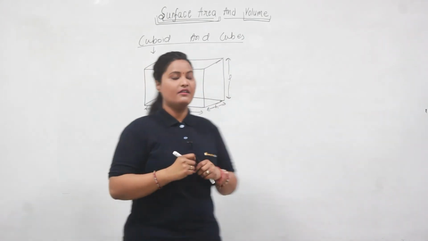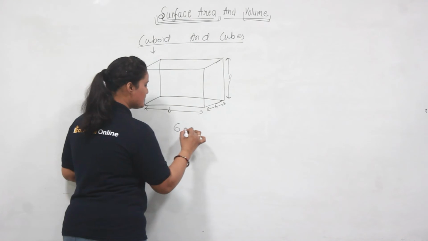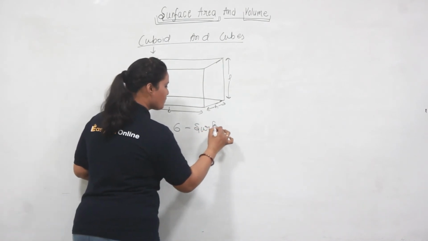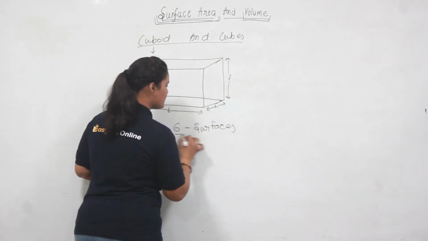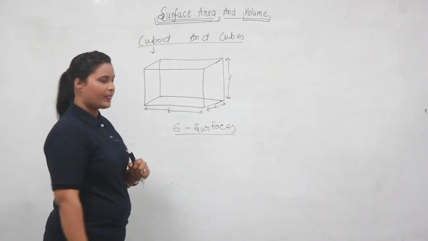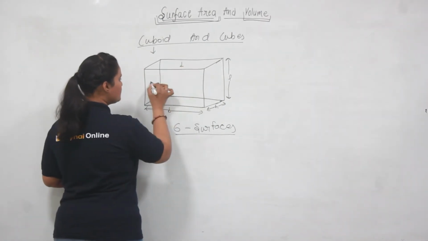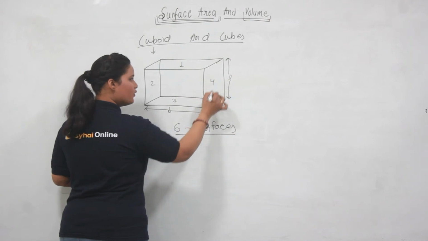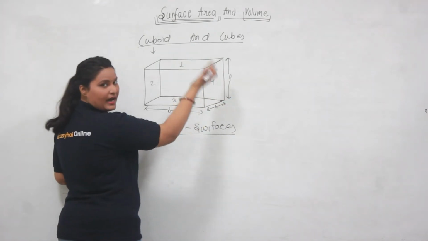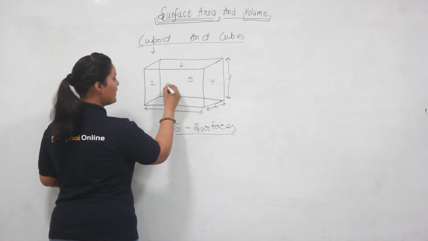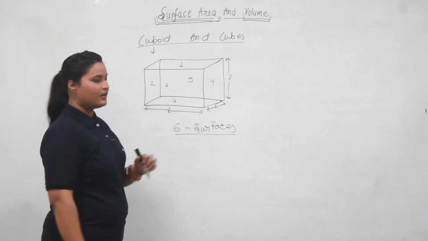So here we have 6 surfaces. Surface number 1, 2, 3, 4 and the back one 5 and the front one, that is 6. Can you visualize?